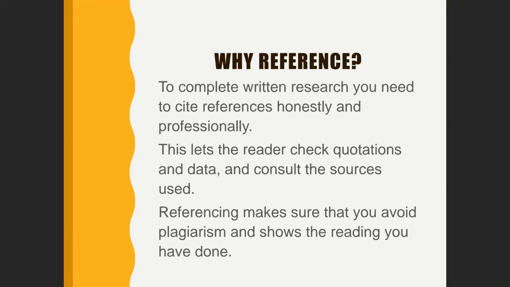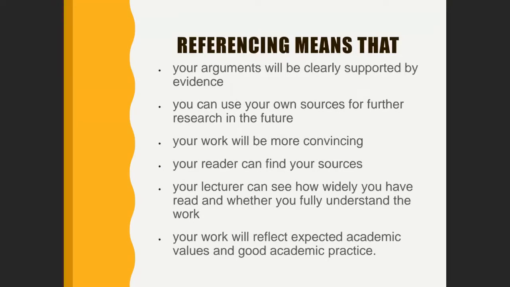So essentially, all the in-text work you put within your assignment will be linked to the work at the end. Everything you have cited or quoted within the text will have a reference at the end. Referencing means that your arguments will be clearly supported by evidence.